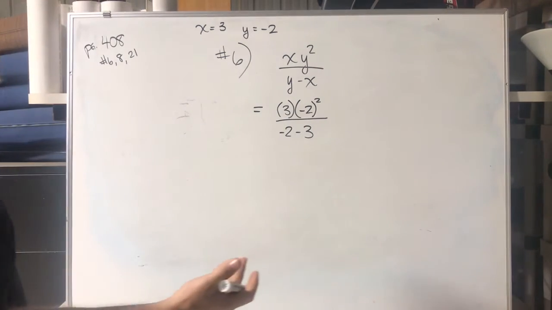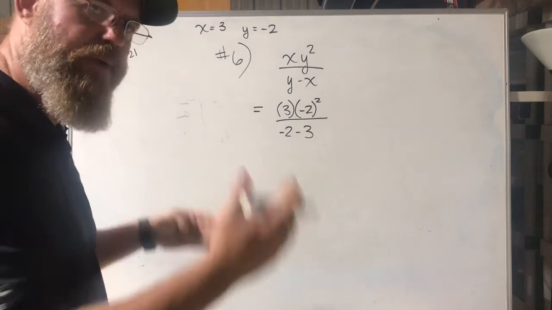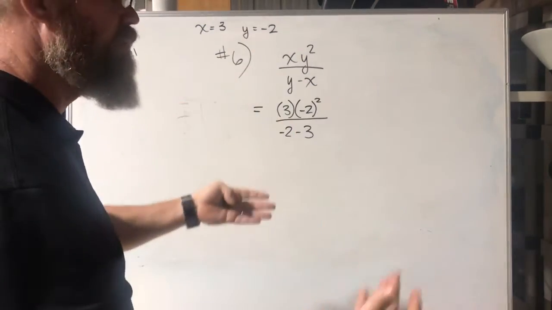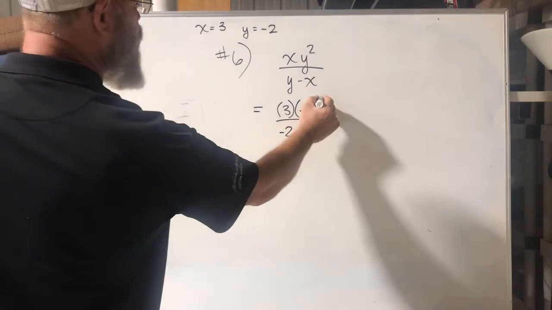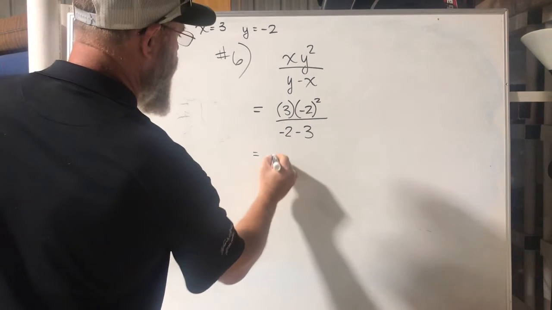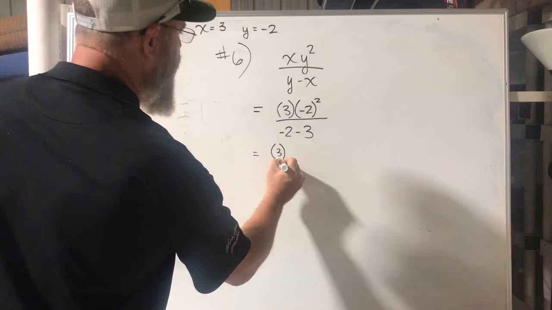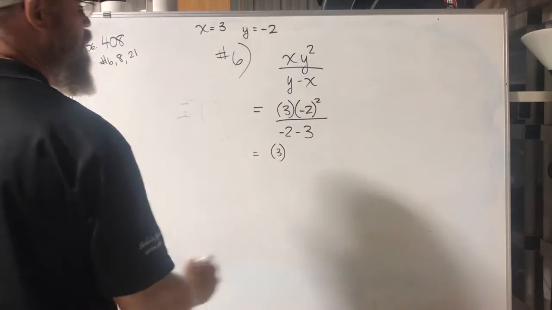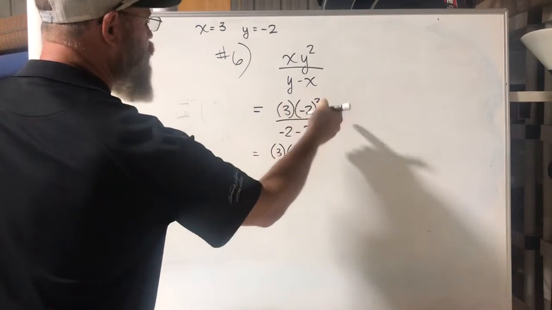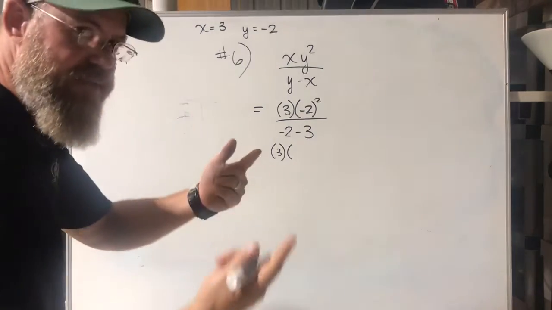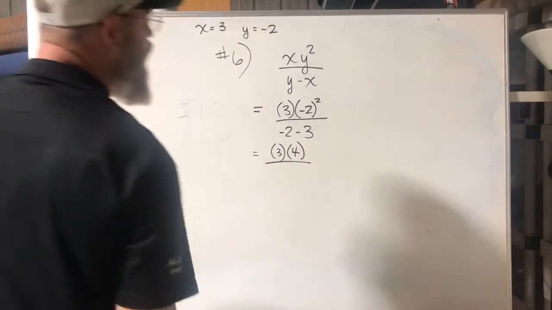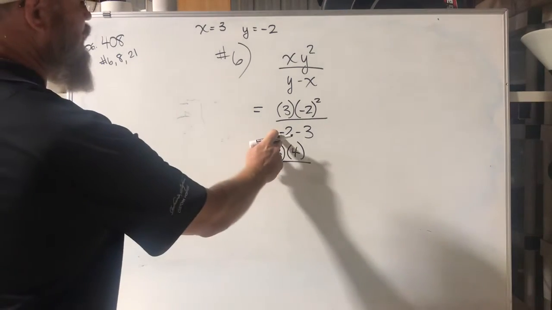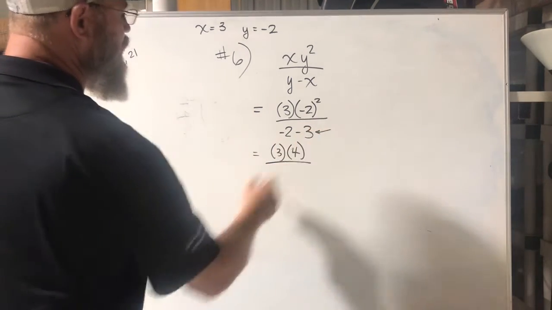So remember PEMDAS, right? Parentheses, exponents, multiplication, division, addition, subtraction. So we do the exponent first. So that means we have 3 times, what's negative 2 squared? Well, that's 4, because it's negative 2 times negative 2, and a negative times a negative is a positive. And then I've got negative 2 minus 3. All this is adding integers.